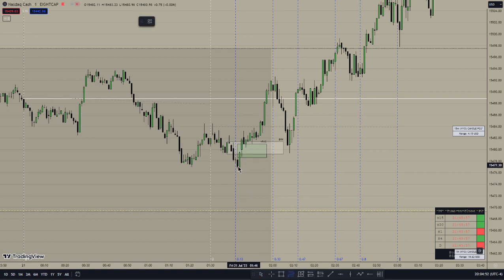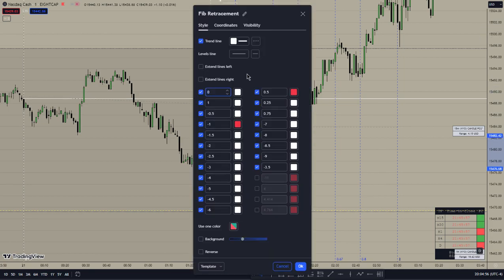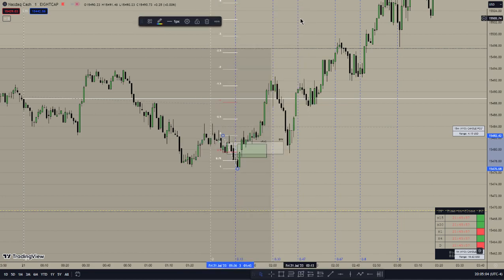So if you take the standard deviation, this is my standard deviation, as you can see. ICT standard deviations. Low, high. Look at this. -2, -2, right there. Look at this.